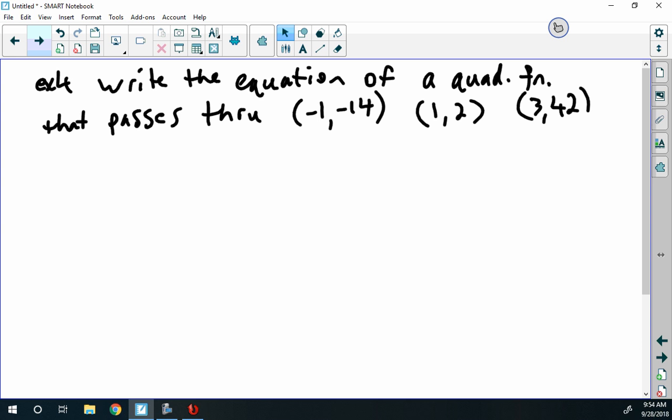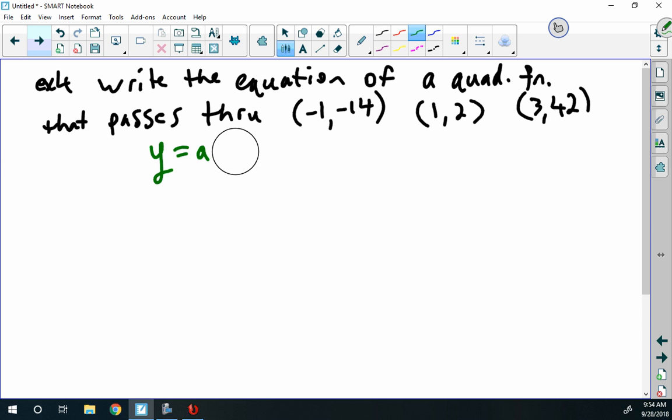So what form could we use here? Are we going to use intercept form, vertex form, or standard form? Those are the only 3 tools we got. Standard form? Okay. So we're going to be working with y equals, oh, it's ax squared plus bx plus c, right? So what do we know?